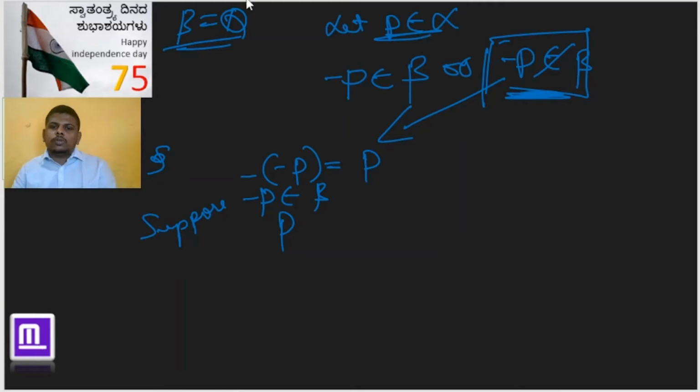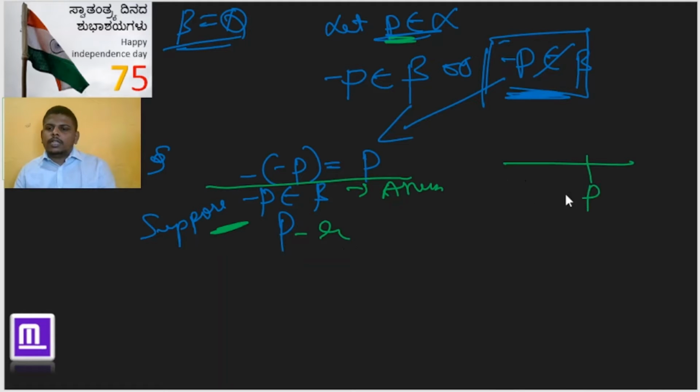Even though p belongs to beta, minus p also belongs to beta. So this is our assumption. If this is our assumption, then what is p minus any rational number?